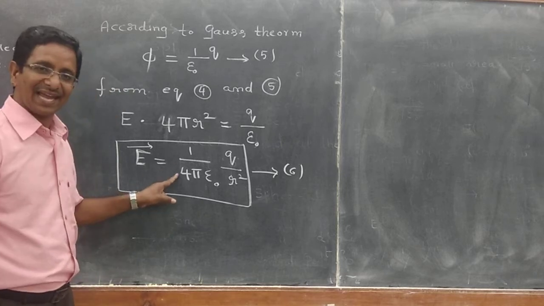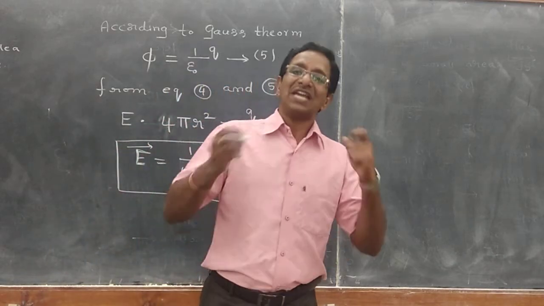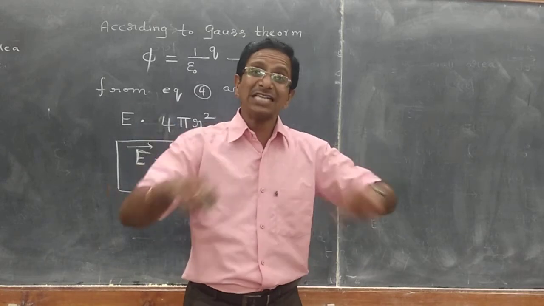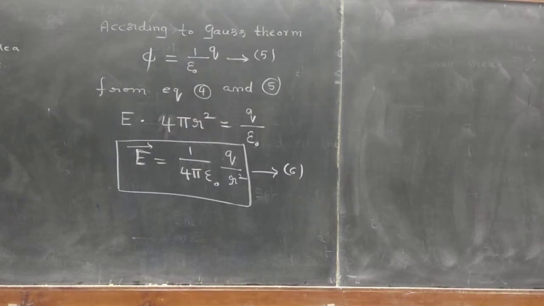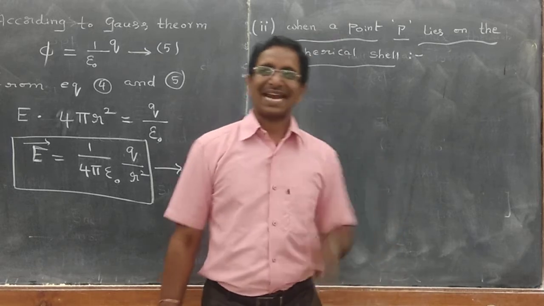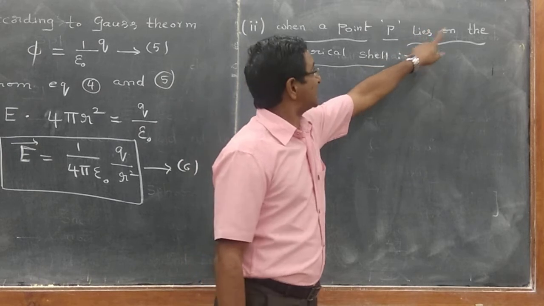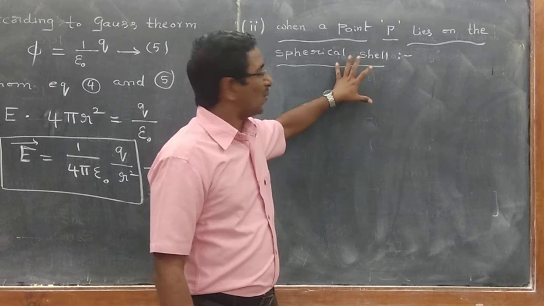Okay? Now, we are going to discuss the electric field at a point P on the spherical shell. Now, our second point is when a point P lies on the spherical shell. Now, I can draw a diagram about that.